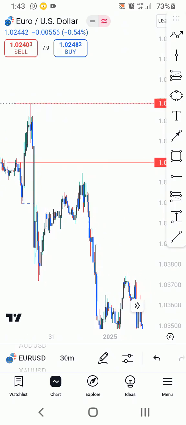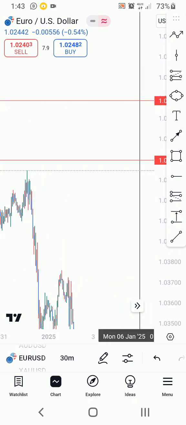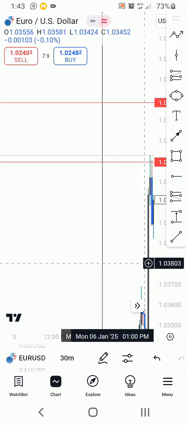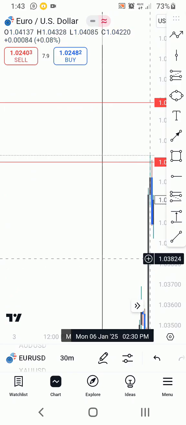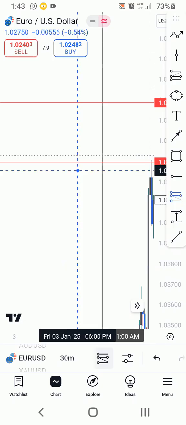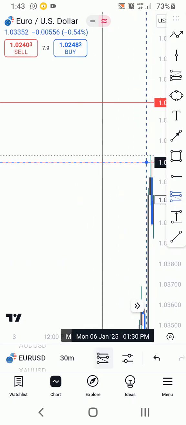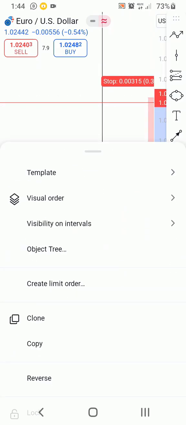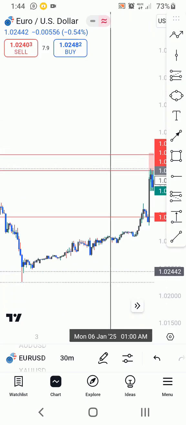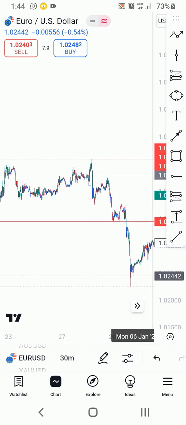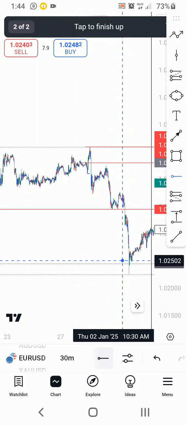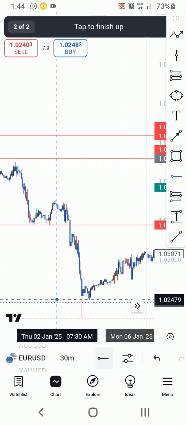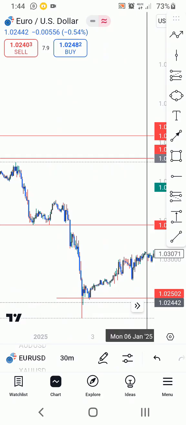Let us see in our week. Remember now our week has started from here. Already on Monday the market reached there, on the same Monday. So one could have got his entry from there, stop loss above, TP is below there.